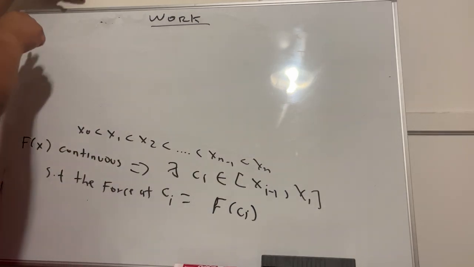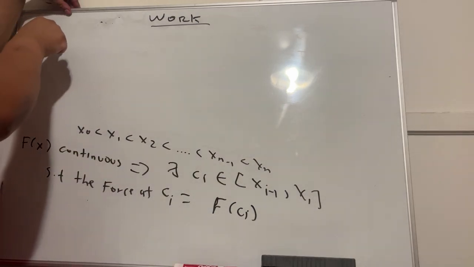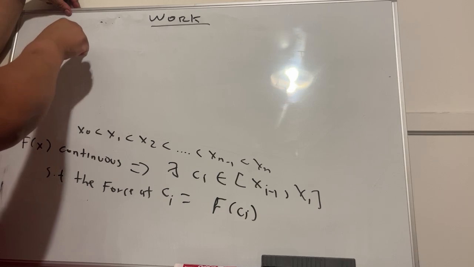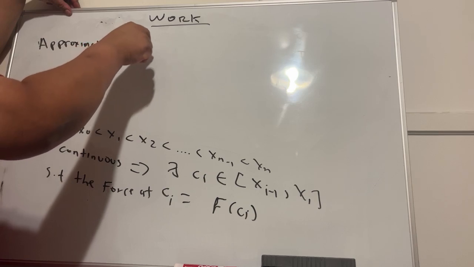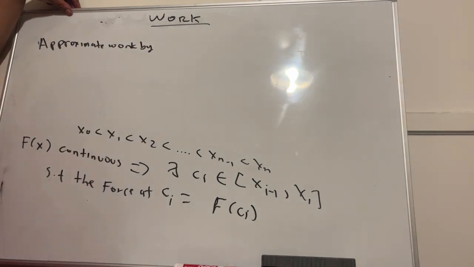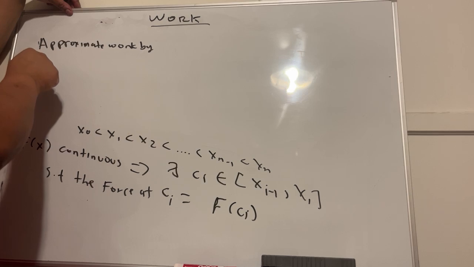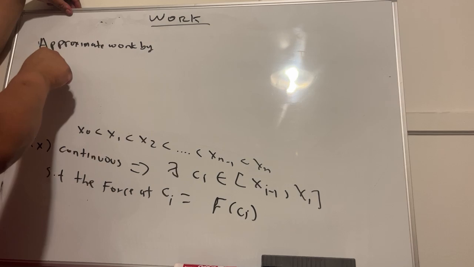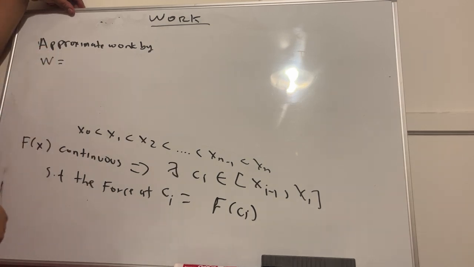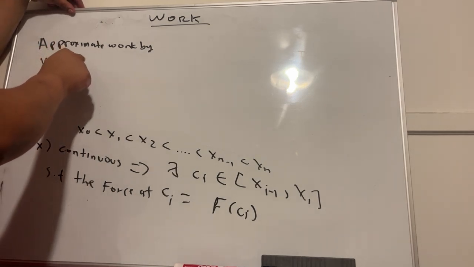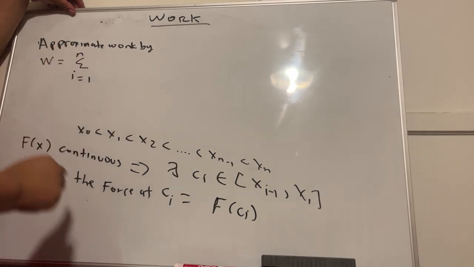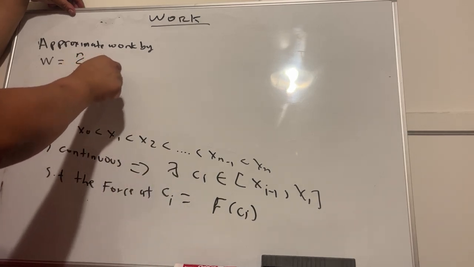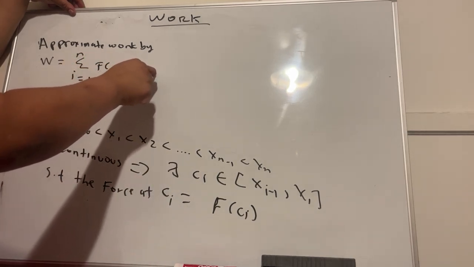So we can approximate work by taking the sum from 1 to n of f of ci delta xi.